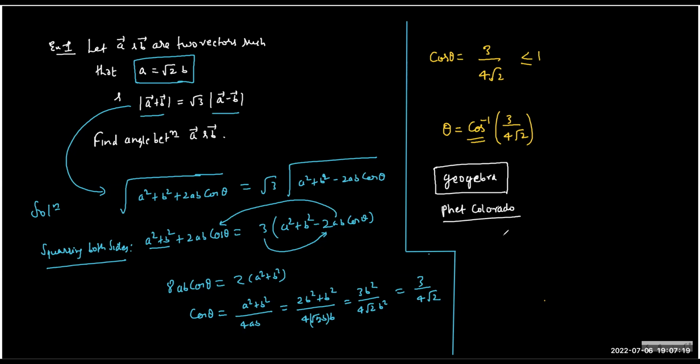So in the US university, we have the PhET website, which lets you see simulations for maths, physics and chemistry, all things. So you can go and perform online experiments. That's very interesting. Okay.